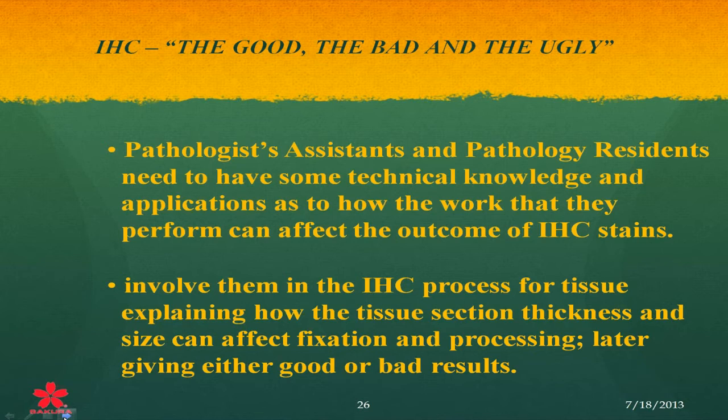Pathologist assistants and pathology residents need to have some technical knowledge and applications as to how the work that they are performing can affect the outcome of the IHC stains. Involve them in the IHC process for tissue, explaining how the tissue section thickness and size can affect fixation and processing, later giving either good or bad results in the IHC lab.